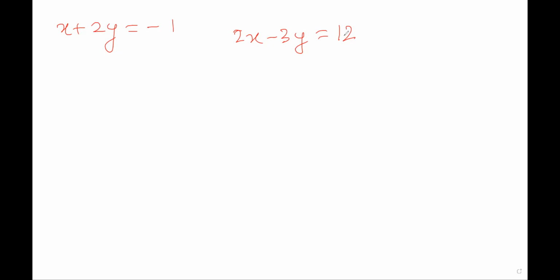So once again confirming, x plus 2y equal to minus 1, and 2x minus 3y equal to 12.